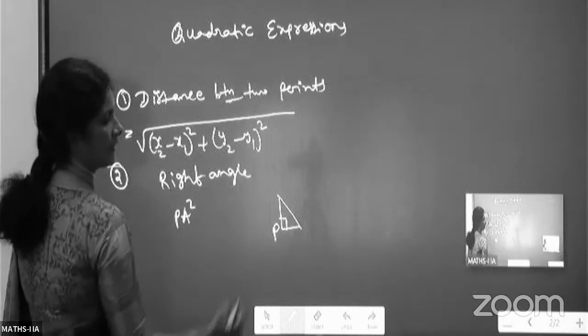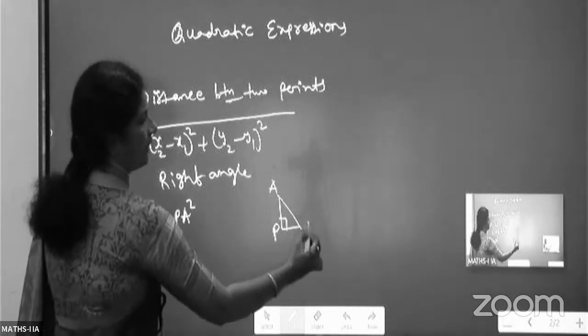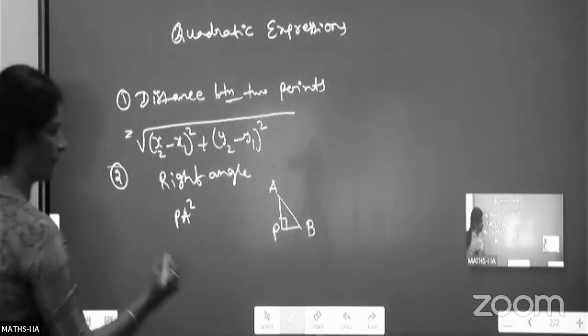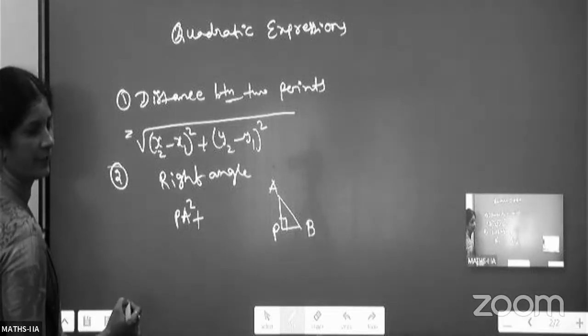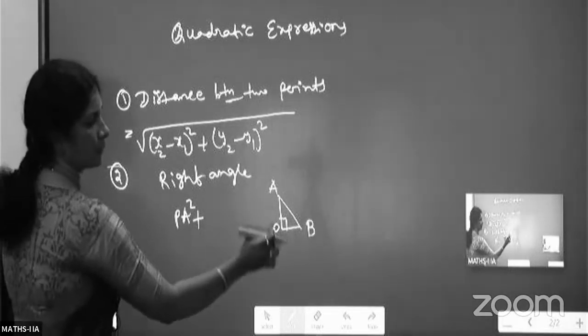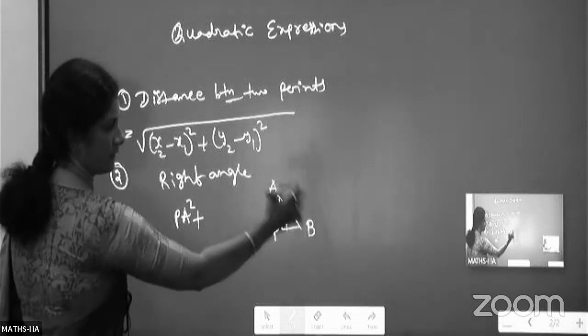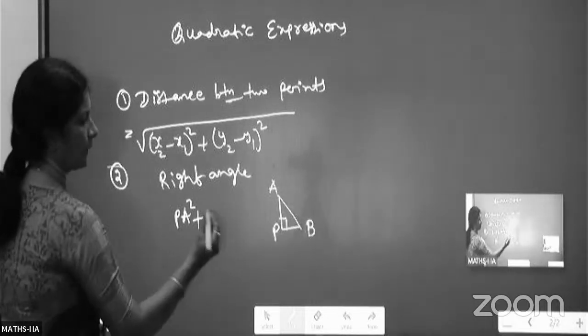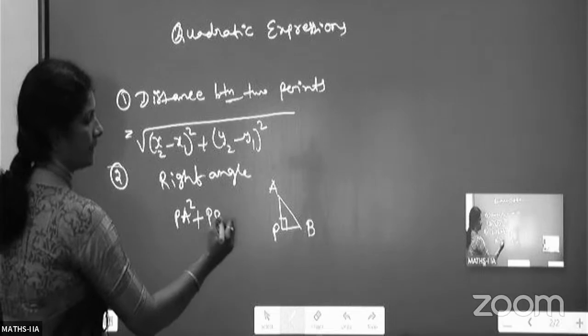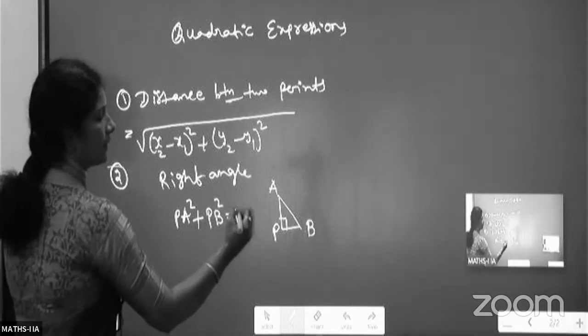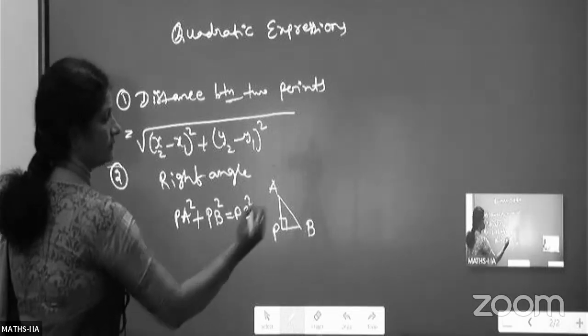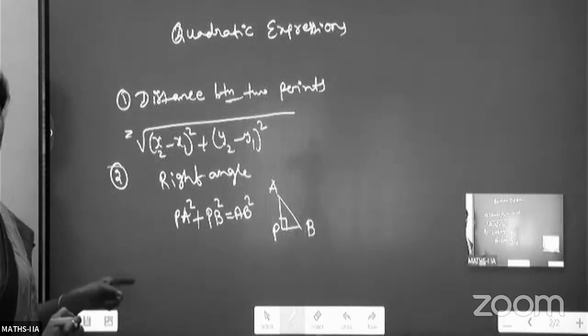Take this third vertex as P and the 2 vertices as A and B. So what is the concept of the right angle triangle? Opposite square plus adjacent square is equal to hypotenuse square. So that can be written as PA square plus PB square is equal to AB square. This is the second important formula of this chapter.